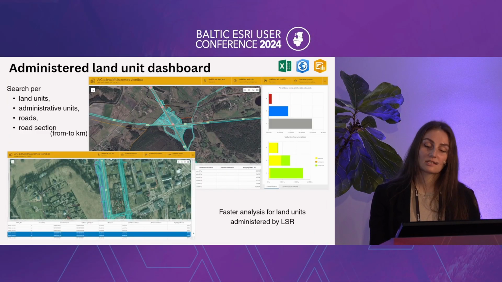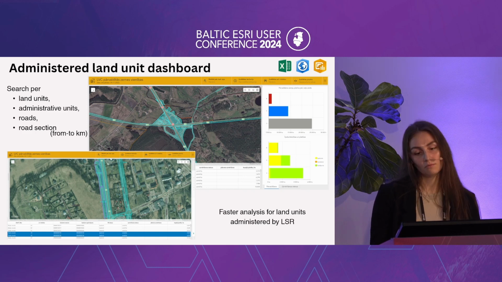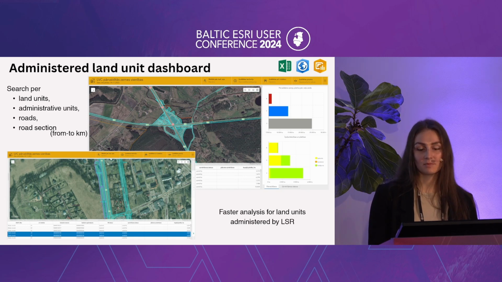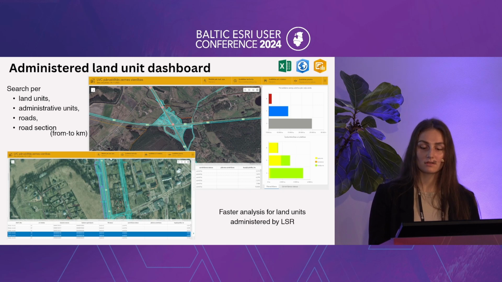Then there is a case where we want to manage land units that are our responsibility, like all the companies. And for that, we also use GIS and supplement open data with our data. But open data is available in WMS or WMTS service format, so not really meant for adding additional fields to the attribute table.